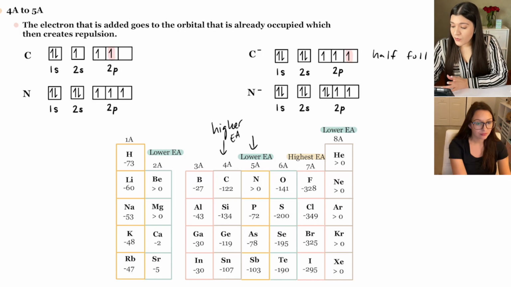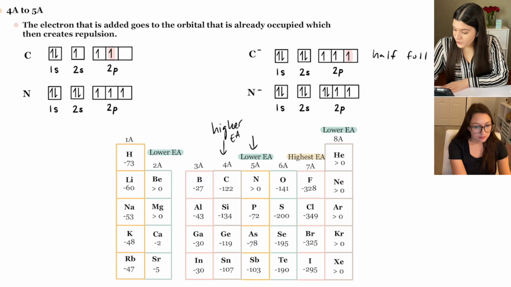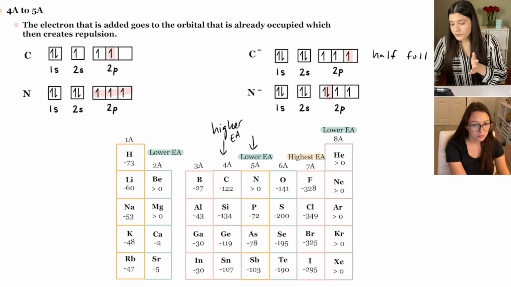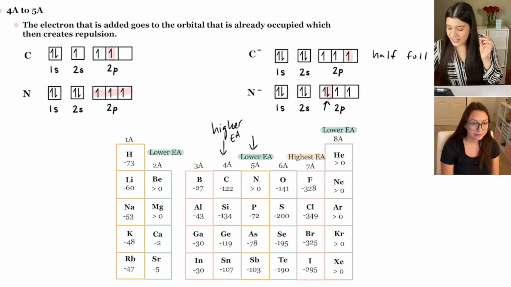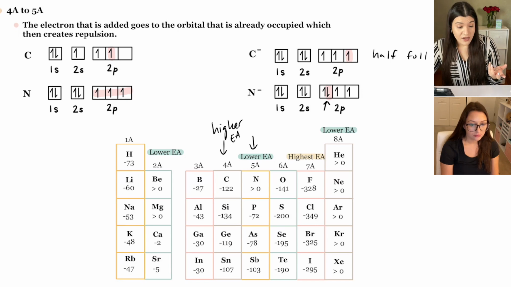So this is half full now that we added one electron to that 2p orbital. And now for nitrogen, this was already half full and we added one more electron here. So basically nitrogen would have a lower electron affinity because it's going to an orbital that's already occupied. So therefore it's going to have more repulsion here.